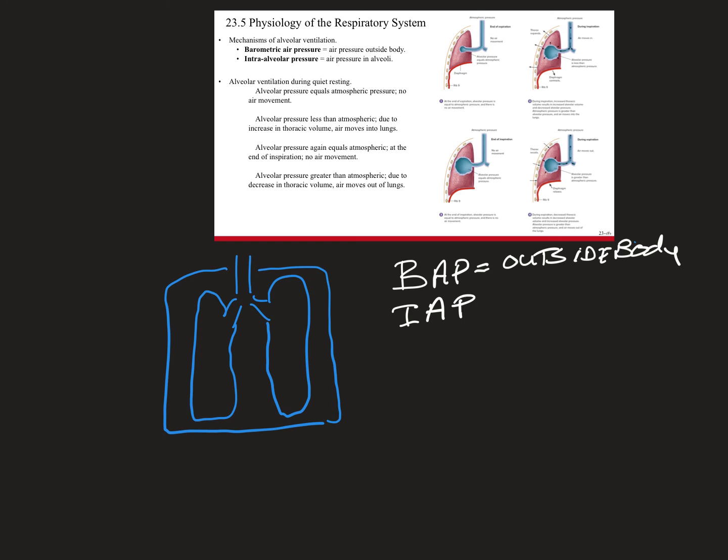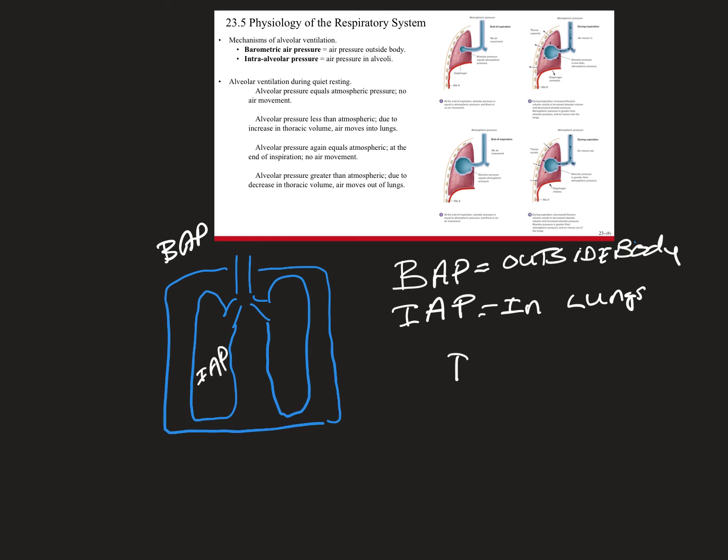In the alveoli, in the lungs, right? We'll just make it simple and say in the lungs, okay? So, if I have BAP out here, and I have IAP in here, okay?